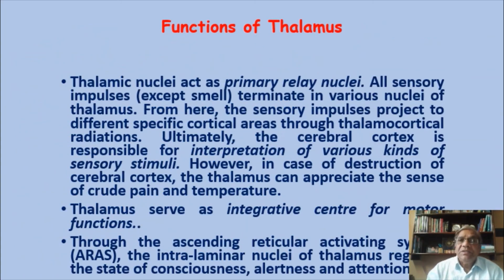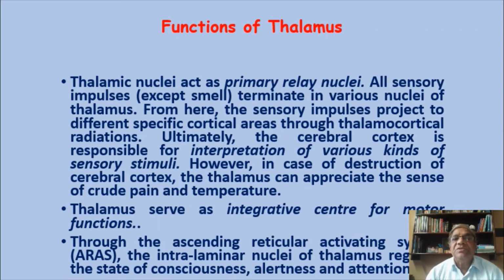Now, this completes the connections of the thalamus, and I have told you the connections of each and every nucleus and subdivision of the thalamus. Now let us briefly discuss the function of the thalamus. By this time you must have realized that the thalamus is a relay station, a major primary relay nucleus.